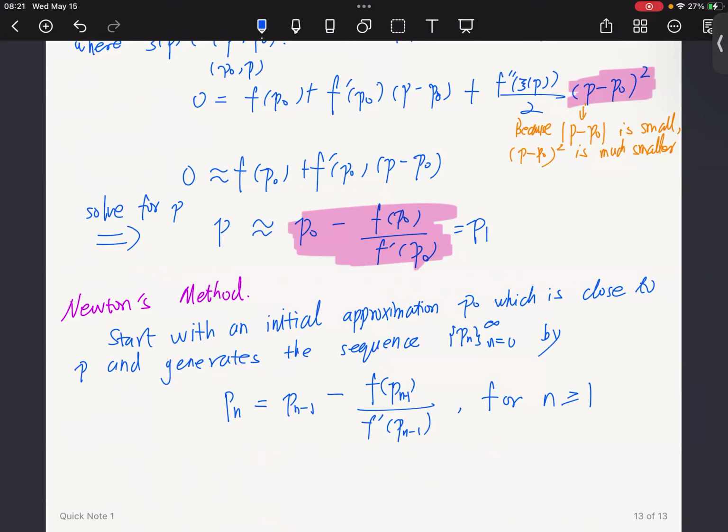So this method has a very big disadvantage, but people have a lot of variations of this Newton's method, and it could help you to get faster convergence sometimes, and maybe sometimes it could help you to avoid the first derivative evaluated at some points equaling 0.